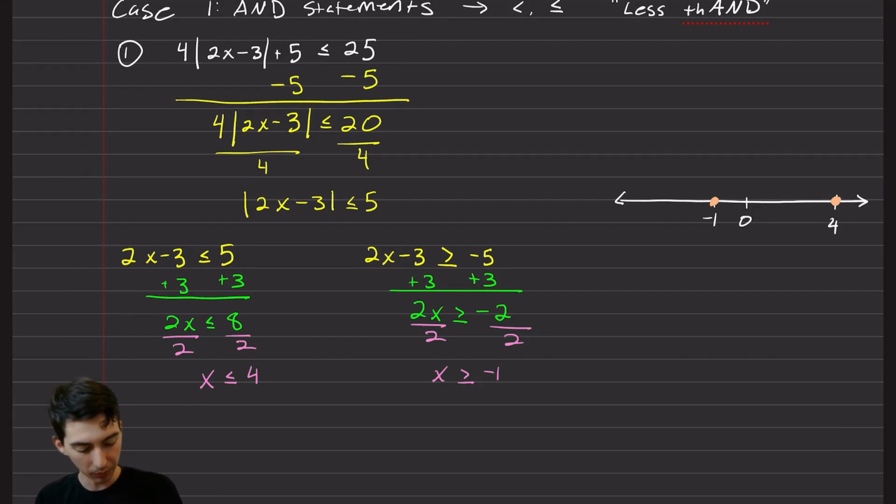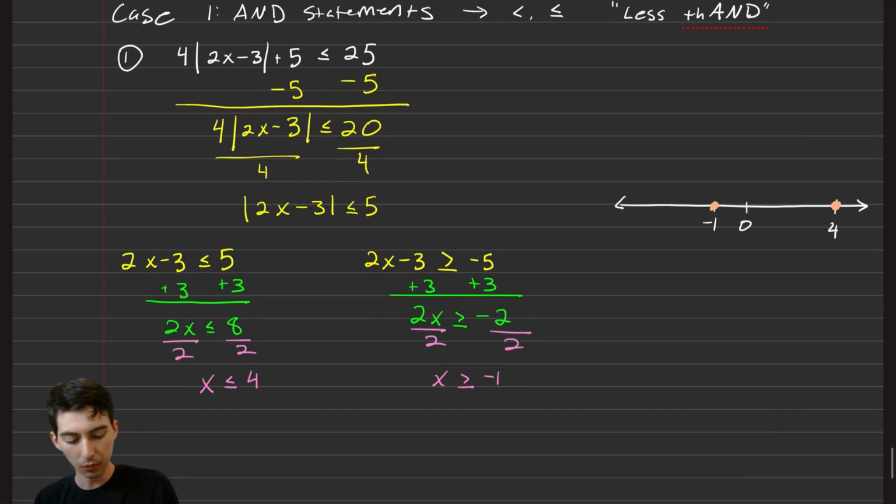And if we're thinking about this, we want all of the x values greater than negative 1 and all the x values less than 4. So greater than negative 1 would be this way, and less than 4 would be this way. So we want to highlight all of my values inside of here.